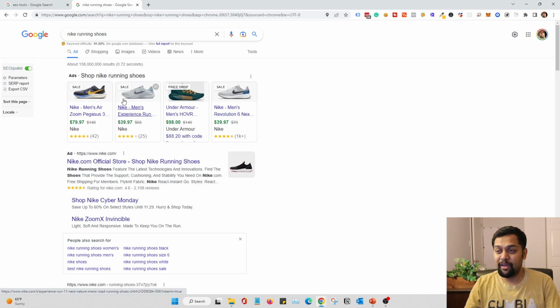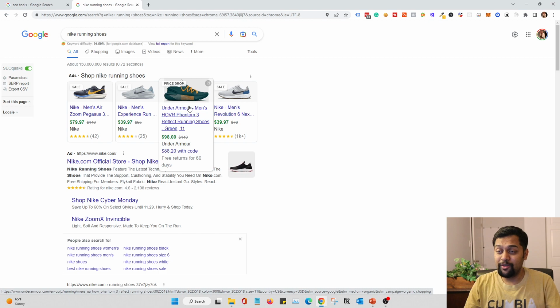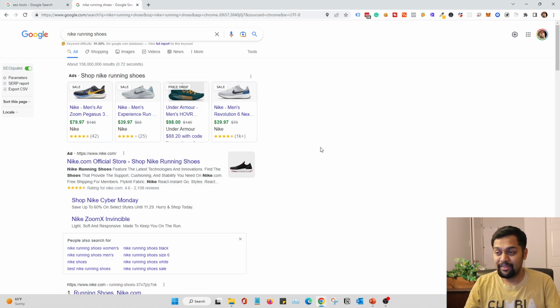As you can see, it's a standout ad, and I would be willing to click on this ad because look at this price drop, right? Then you get to see the ad, and then you get to see the change in the price, and of course you have additional information such as free returns for 60 days. That's fantastic.